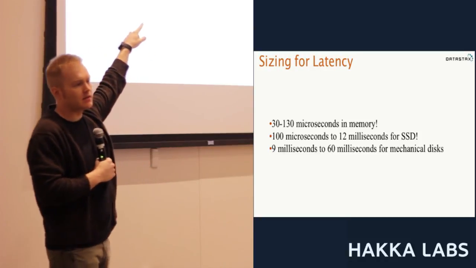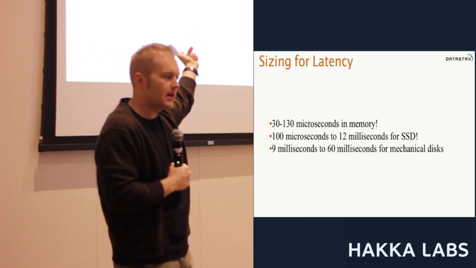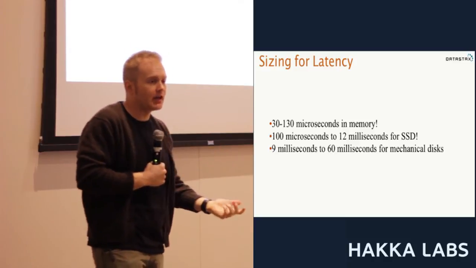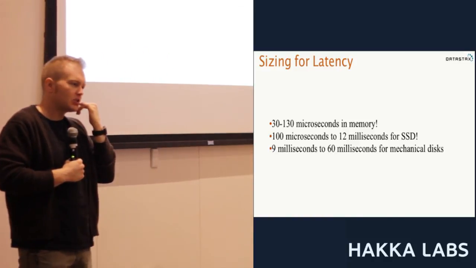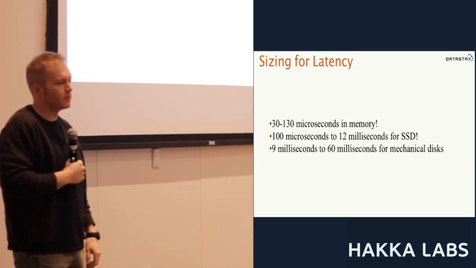So that means all of my reads need to come either from an SSD or from main memory. If you're dealing with a small data set or you have a lot of nodes, you can push it all up into main memory using the buffer cache. If you can't, then you're talking about SSDs.